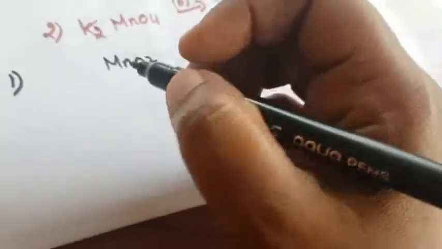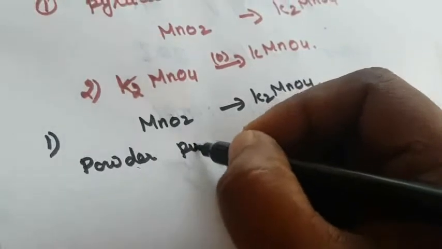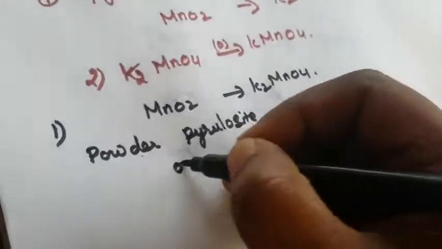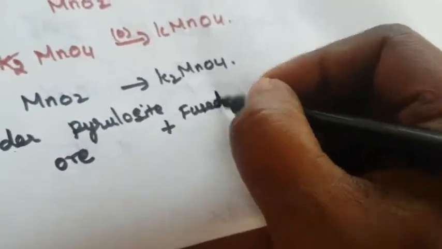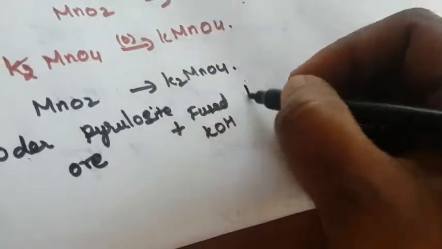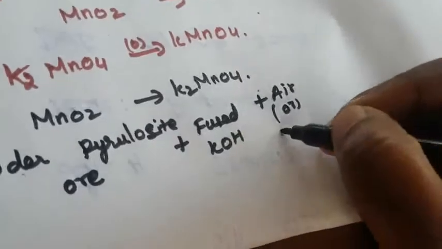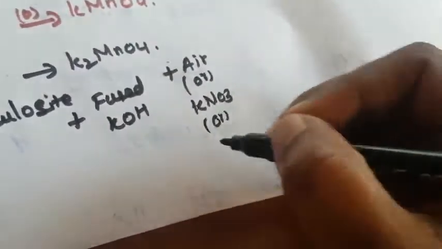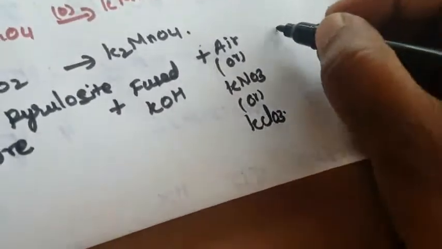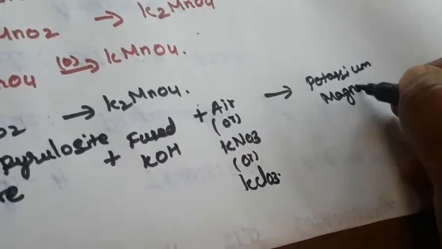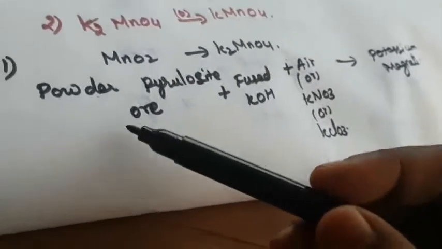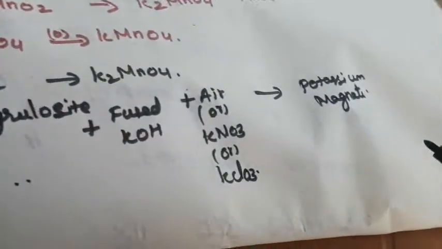We take the powdered pyrolusite ore and add fused KOH, the fused form of KOH, then react with air or potassium nitrate KNO3 or potassium chlorate KClO3. After that it is converted into potassium manganate.